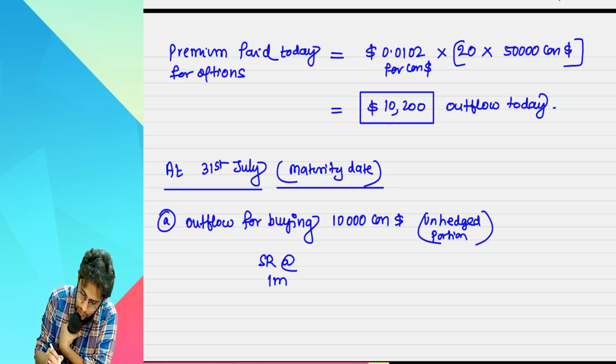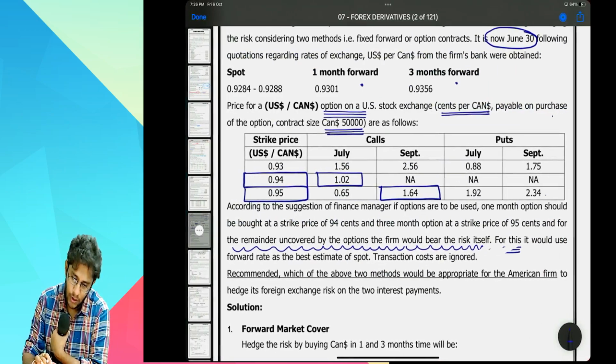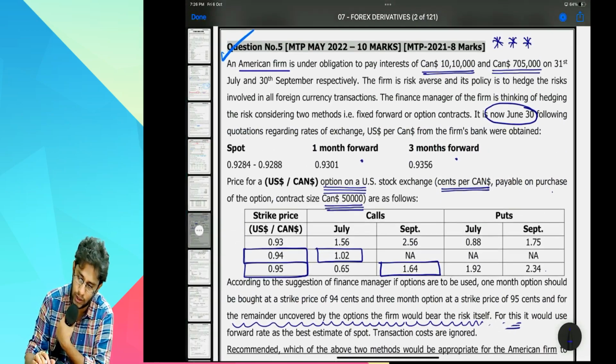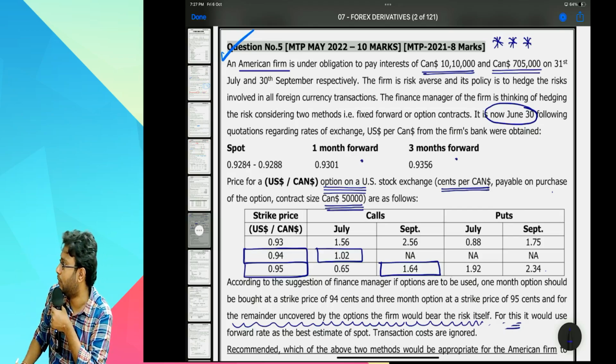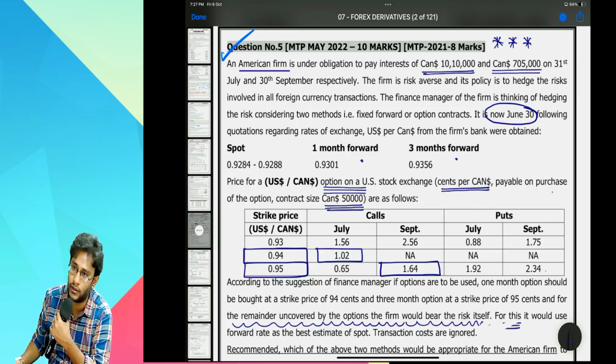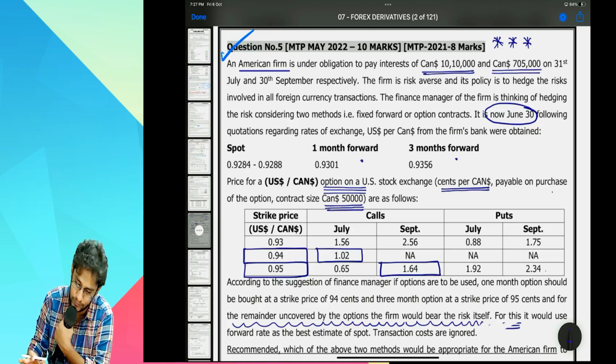Spot rate at 1 month, 1 CAN dollar is equal to, he told you that it will be treated as equal to the 1 month forward rate. So you write the 1 month forward rate only.